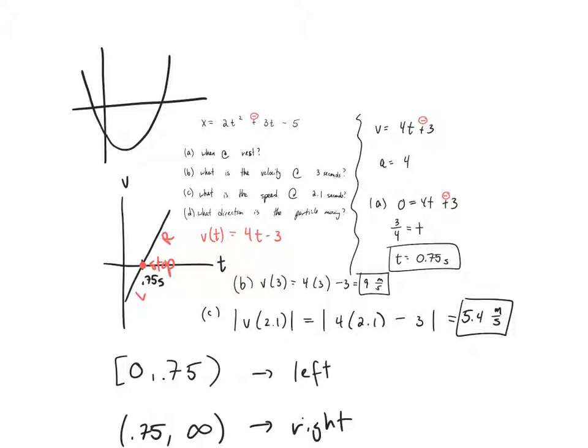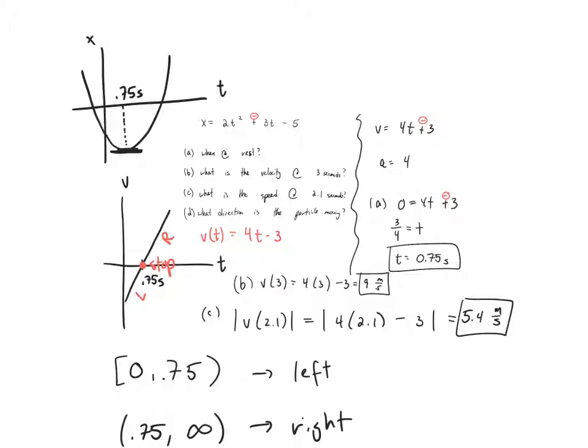That would be x versus t. Take a look right here. That's the minimum in this case, where the velocity, or the slope of the tangent, is 0. So that's at 0.75 seconds also. Whether you do it this way or this way, it's the same.